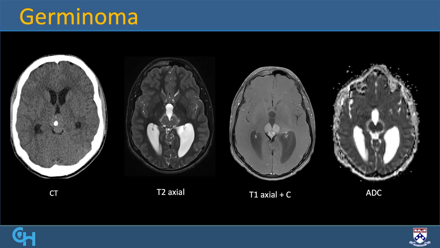It is variable. But based on the characteristics of the calcification and the extension, which is on either side of the third ventricle into the thalamus, this is more typically seen with germinoma.